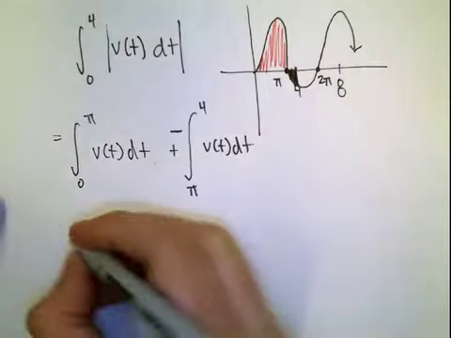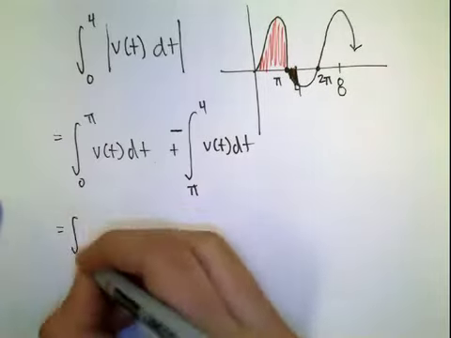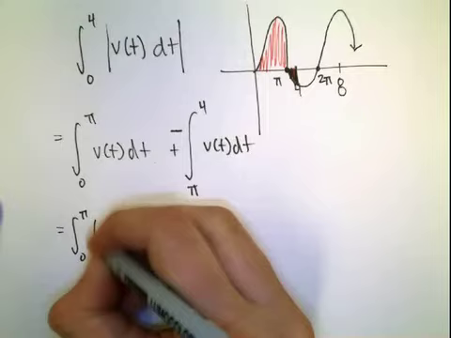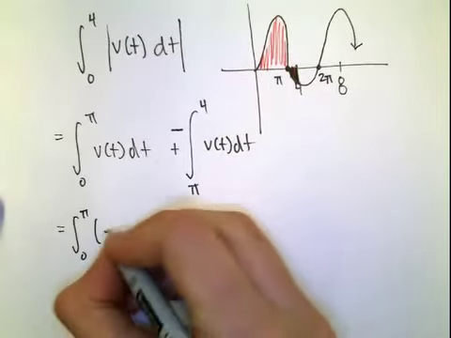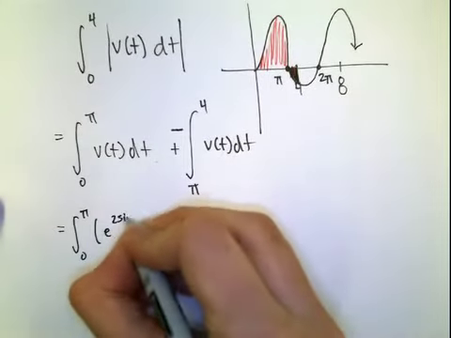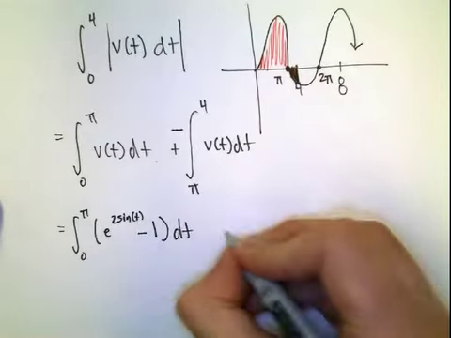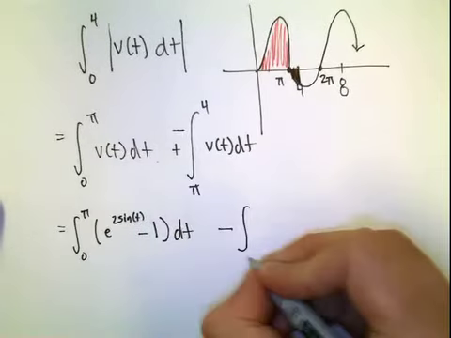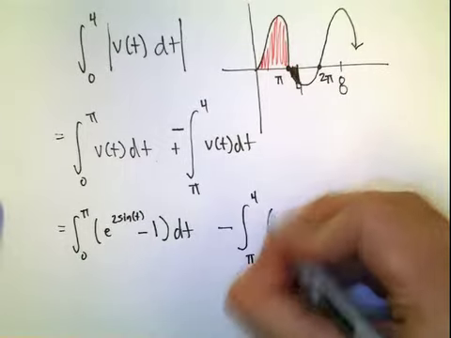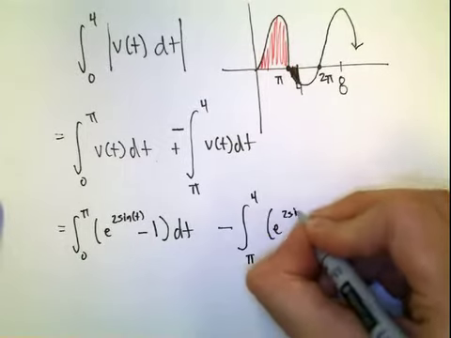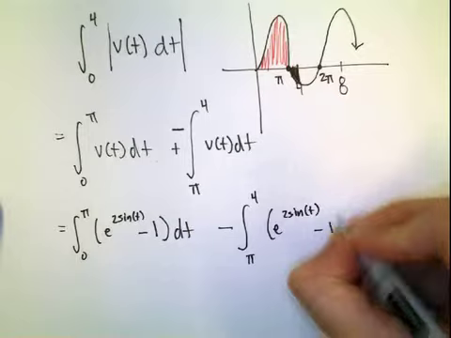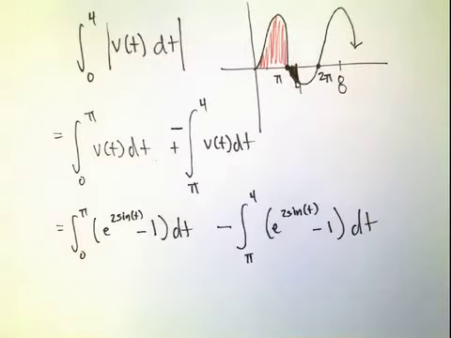And that's the thing I've got to solve. So this is really integral 0 to pi of, we'll plug in the function, e to the 2 sine of t minus 1 dt, minus integral pi to 4 of e to the 2 sine of t minus 1 dt.